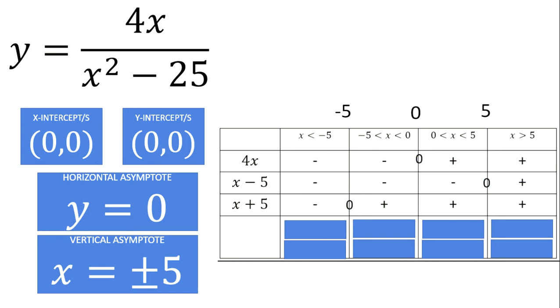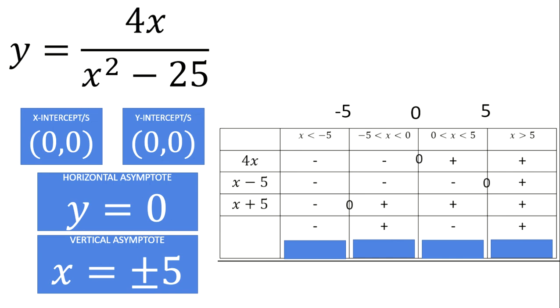Always remember that rule. That's very important. Now, let's multiply. For the inequality x less than negative 5, that's negative. Between negative 5 and 0, that's positive. Between 0 and 5, that's negative. And x greater than 5, that's positive.